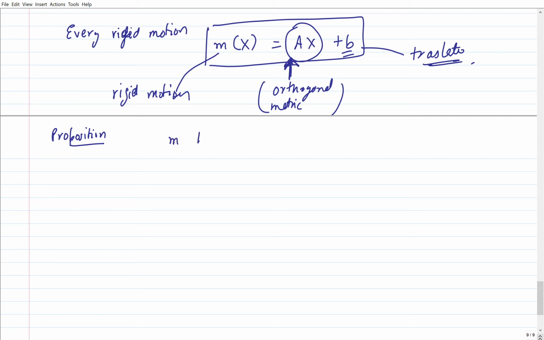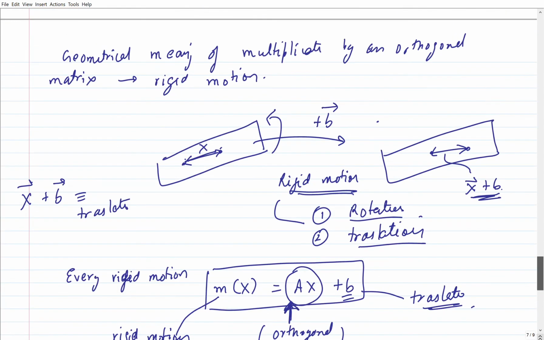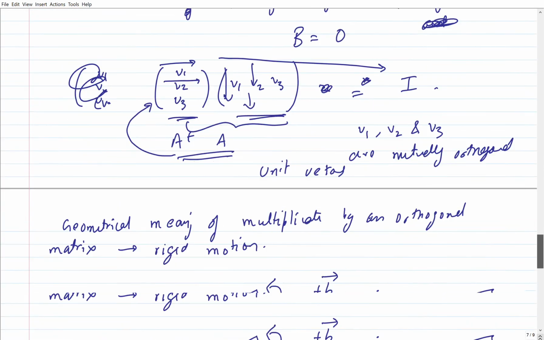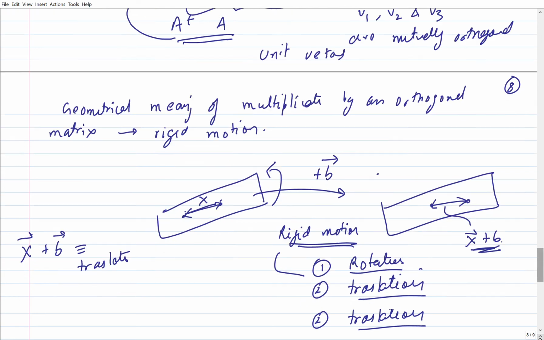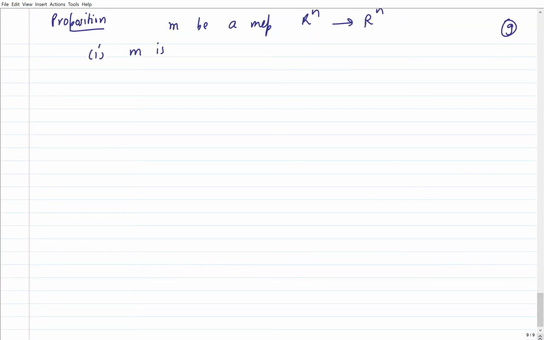Let M be a map from a vector space to the same vector space, and the following conditions are equivalent. M is a rigid motion which fixes the origin.